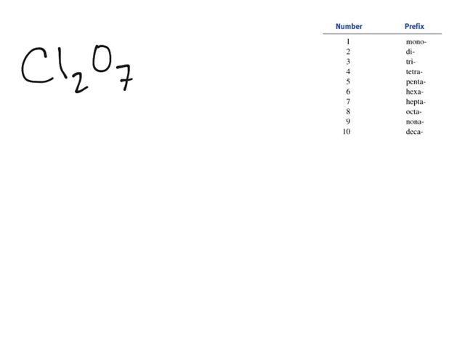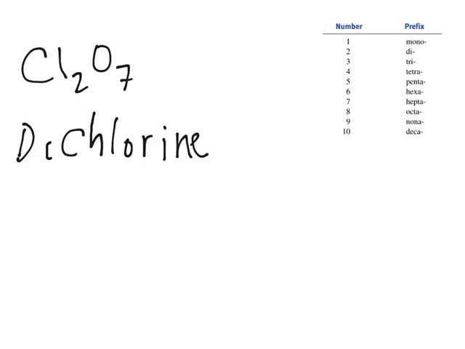Again, you write the first element, in this case chlorine. There's a 2 here, so you would use the table, and it's dichlorine. Then the second element is oxygen again, and there's a 7 there, so you use hepta, and you call it heptoxide.